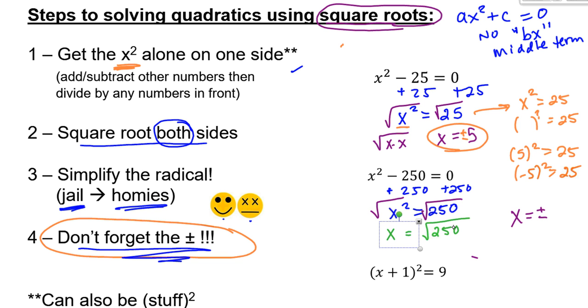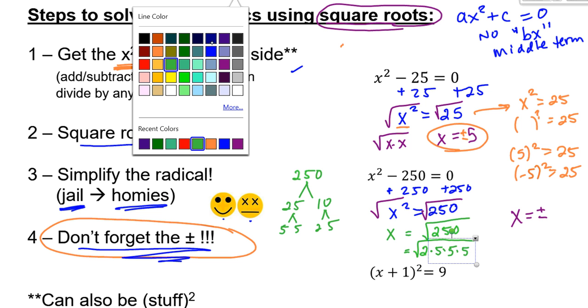Now in order to simplify that and do the whole homies process, we need to factor 250 out. I'll do a tree right here, just so you can see where the numbers come from. So 25 and 10, that's 2 and 5, 5 and 5. So this is actually the square root of 2 times 5 times 5 times 5. All right, looking for homies.